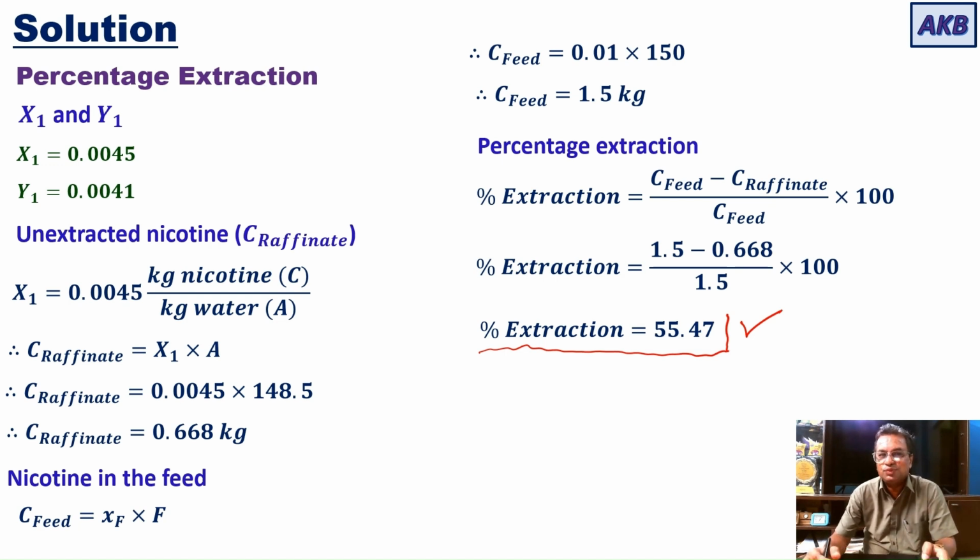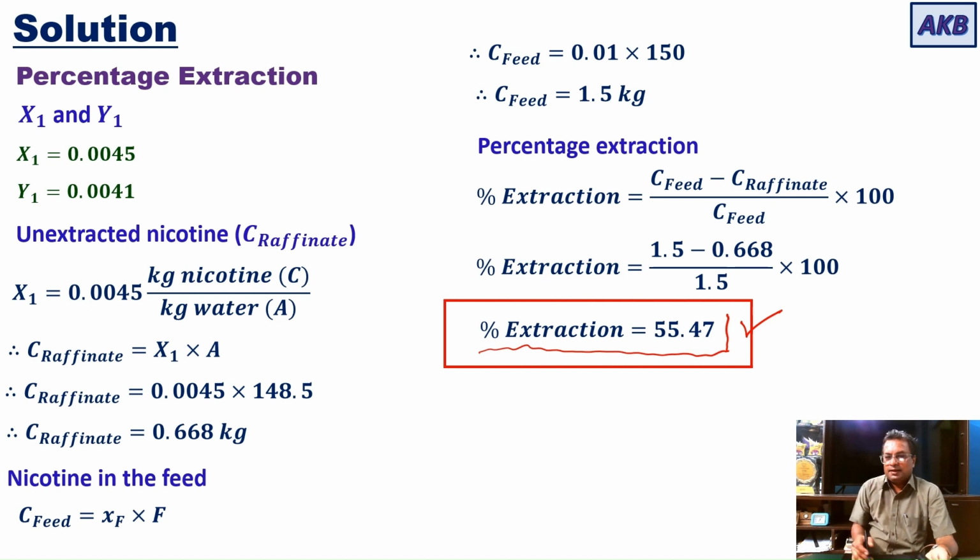Here I have told you how to solve a numerical that is based on single stage extraction with insoluble liquids. In my next video, I will be discussing multi-stage cross-current liquid extraction involving insoluble liquids, and then I'll be solving one numerical based on that topic. For now, let me end my discussion.